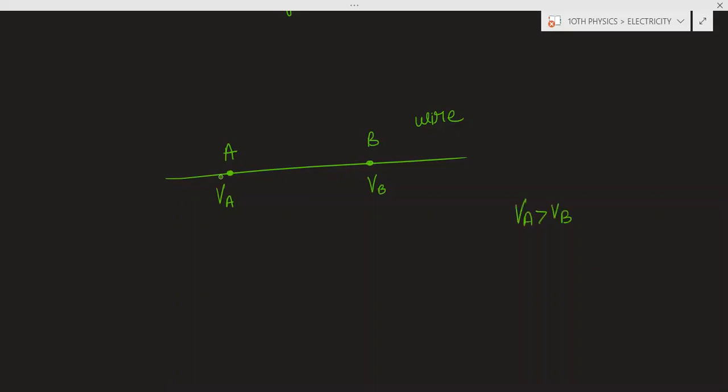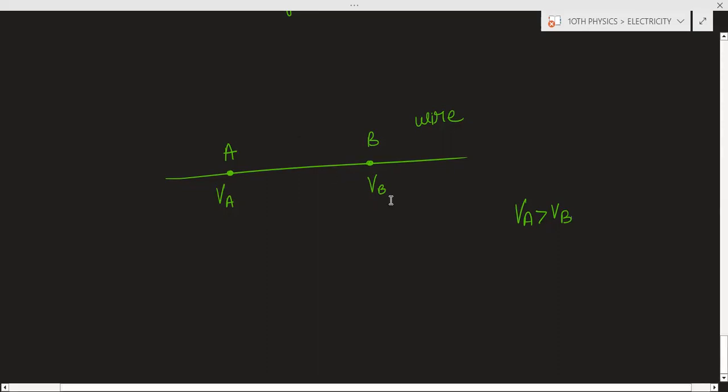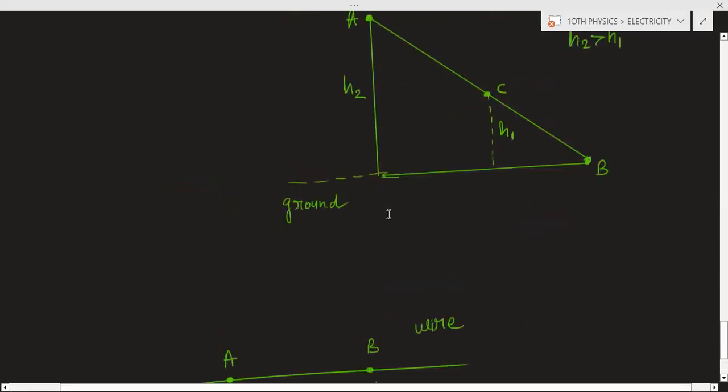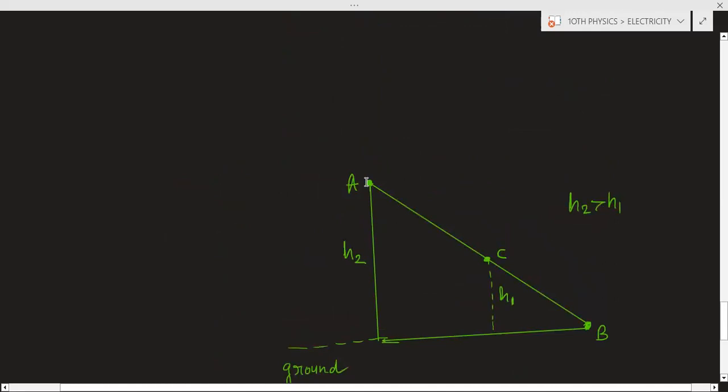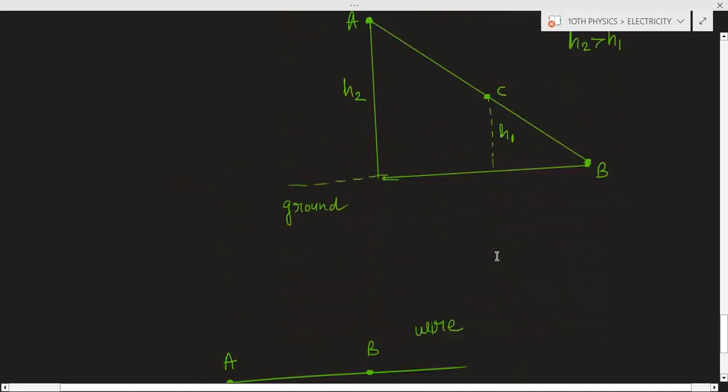And I told you that in a wire or conducting wire there is a flow of charge. In the conductors, the charge can flow. Like here, water is flowing from a higher height to a lower height.